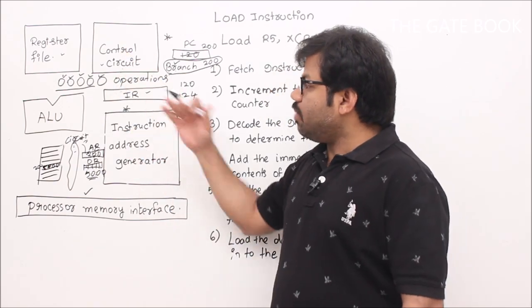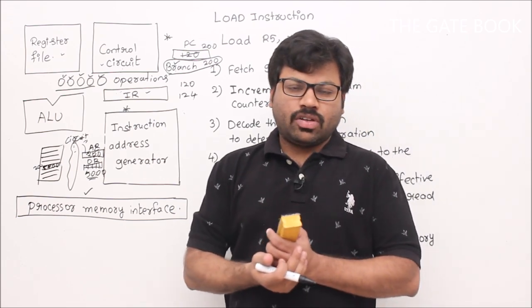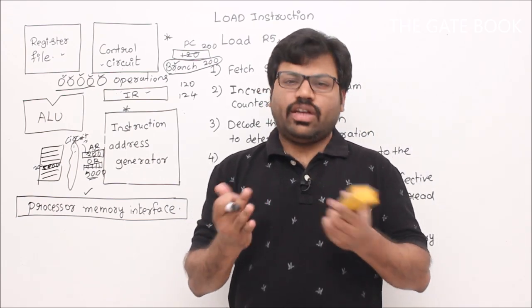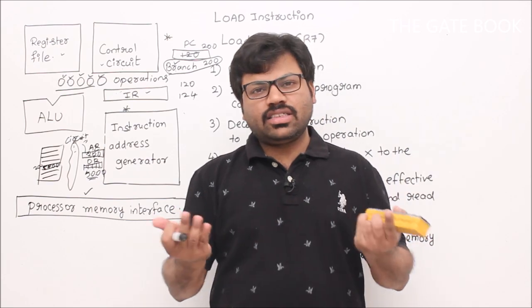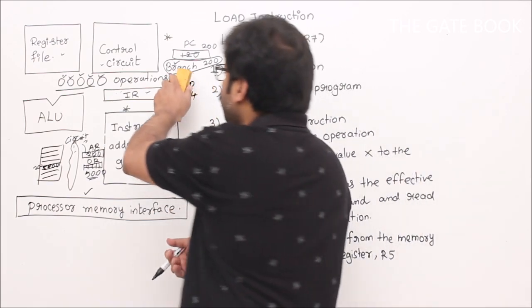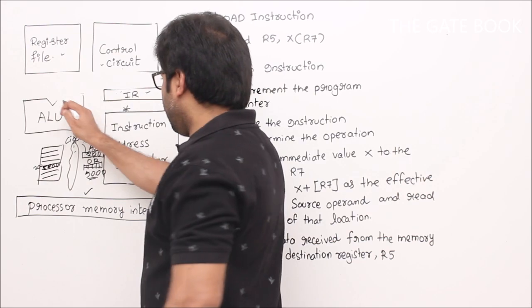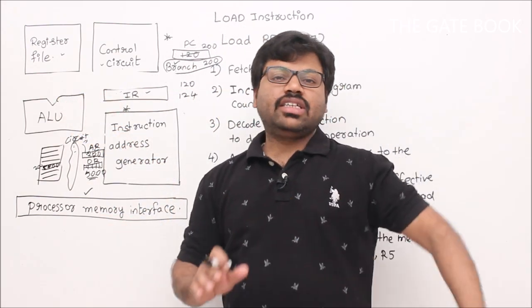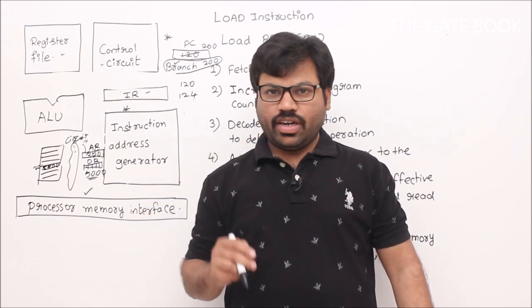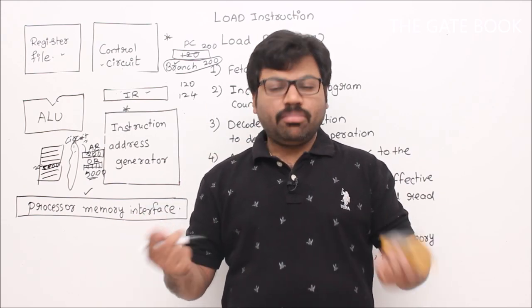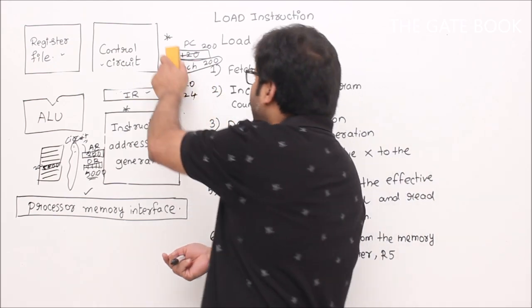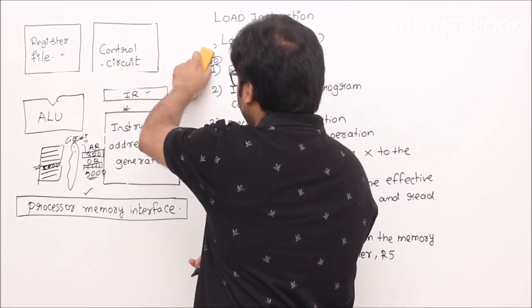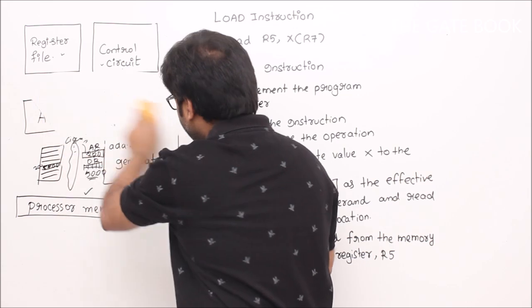But the design part I am talking about now, we can design that in two ways: single stage or multi-stage. Finally you realize that to execute your instruction, you need some machinery. That machinery can be designed in two ways. One is single stage, the second is multi-stage. Sir, why are multi-stages required? I will tell you. First of all, we'll focus on single stage machinery.